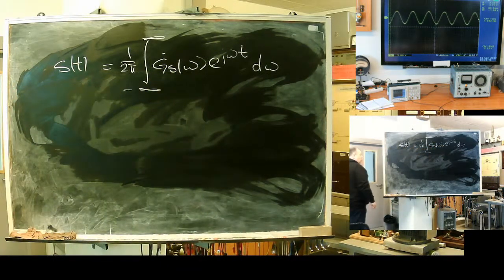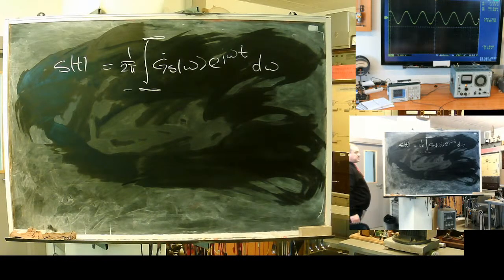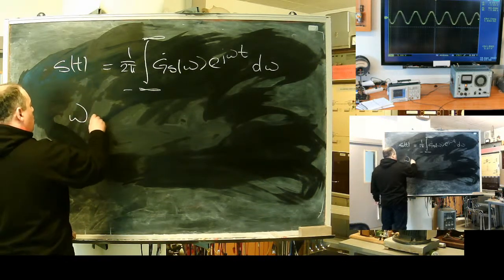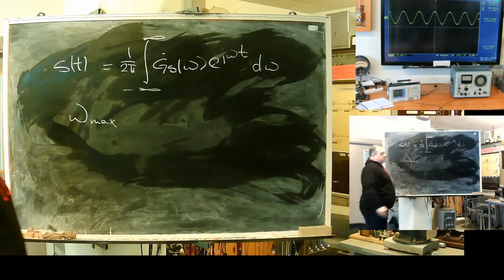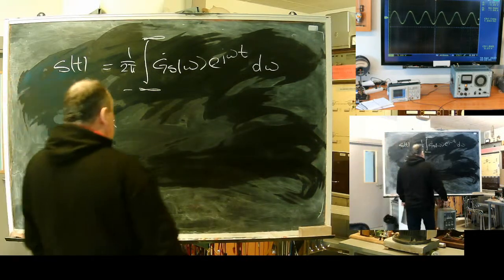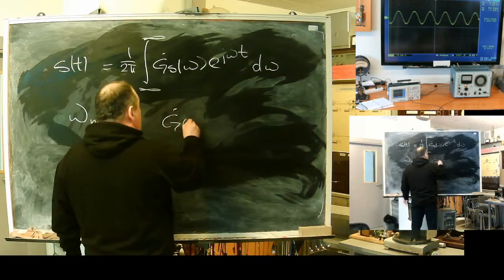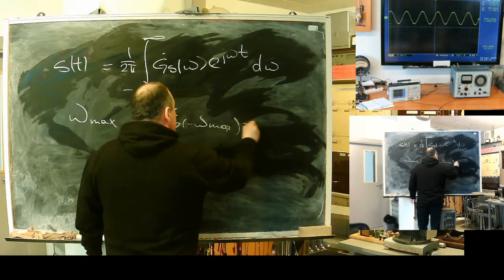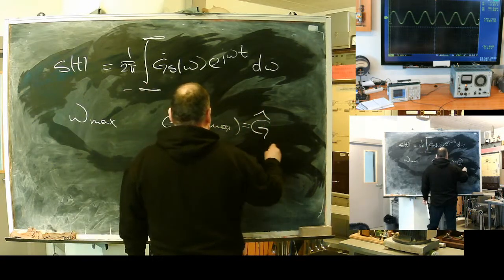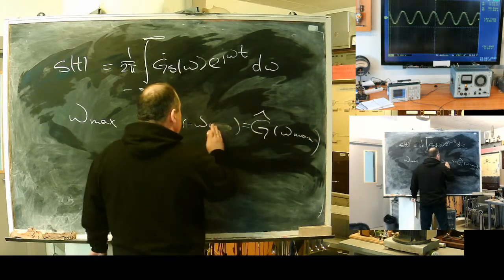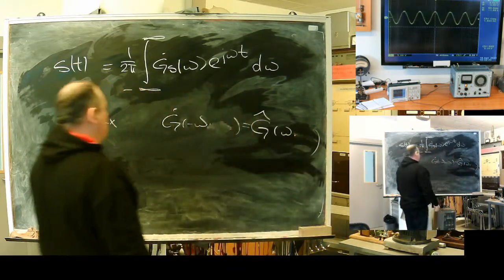And what's important: the signal's frequency range is limited up to omega max, since the spectral function for minus omega max is a conjugate of that for omega max, or any omega. I can write it for any frequency.